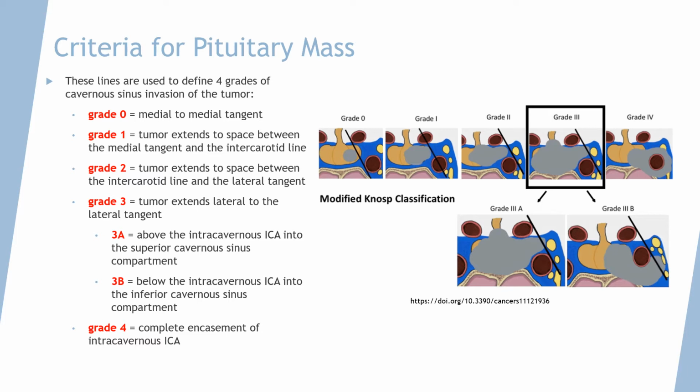And 3B would mean that the tumor is located below the intracavernous internal carotid artery into the inferior cavernous sinus compartment. Grade 4 implies that the intracavernous internal carotid artery is completely encased in the mass.